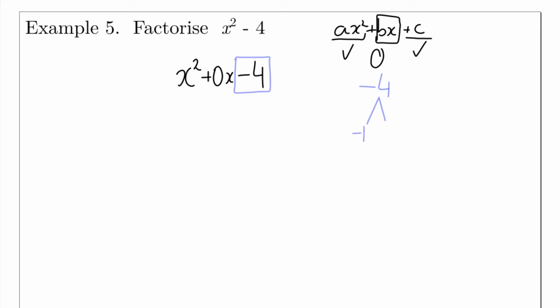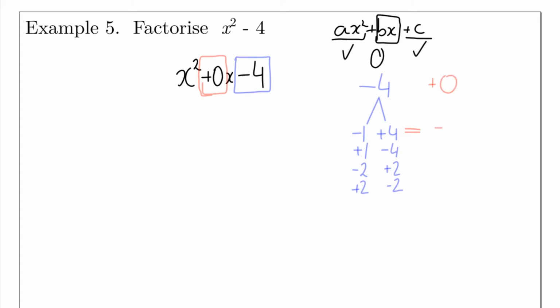Those are minus 1 and plus 4, plus 1 and minus 4, minus 2 and plus 2, plus 2 and minus 2. So these are all the pairs of factors which multiply to give us minus 4. What we need to do is find which pair adds up to give us this coefficient here, which is plus 0, or just 0. So we're looking for a 0.